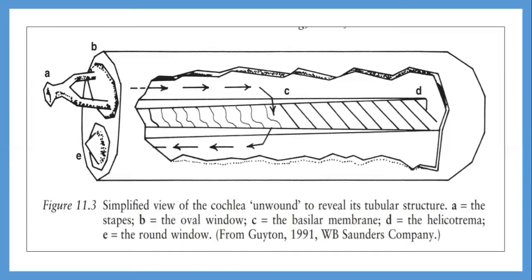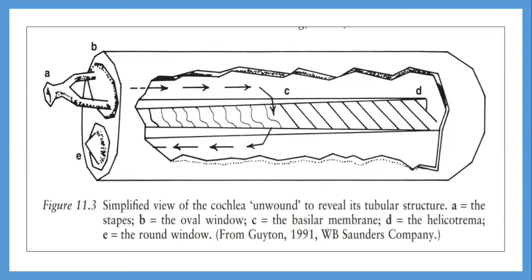The tube is tapered, being widest at the helicotrema end. And since the cochlea is sealed, inward movement of the stapes pushes the oval window inwards and causes a column of fluid to move inwards into the cochlea. At the end of the cochlea, the round window moves outwards.